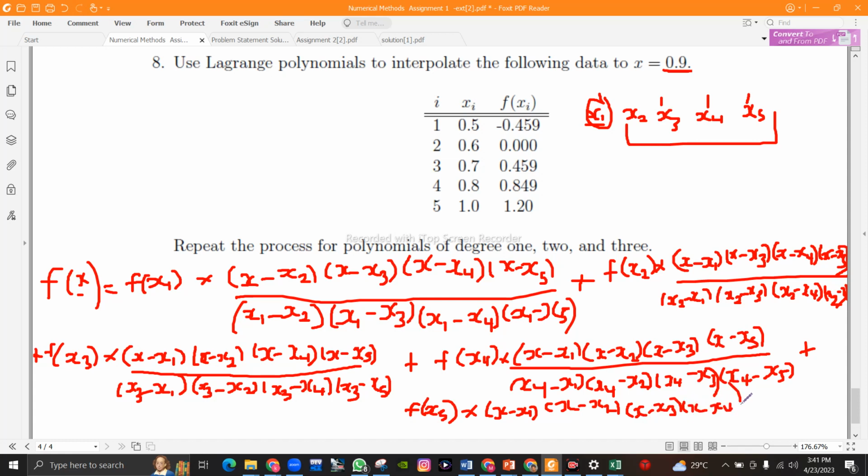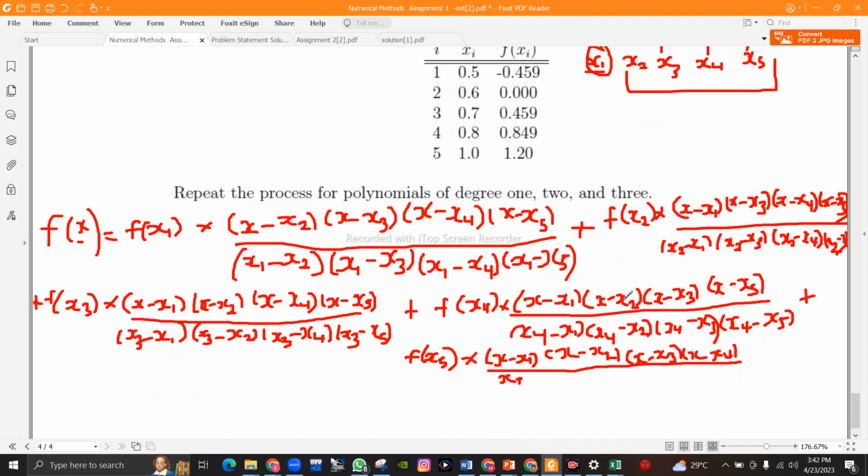Divided by x5, subtract every other number: x5 minus x1, x5 minus x2, x5 minus x3, x5 minus x4. There's a pattern to write the formula if you look at it very closely.